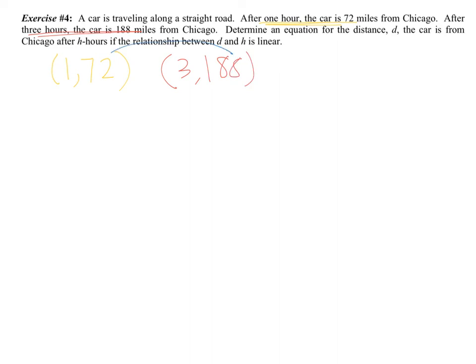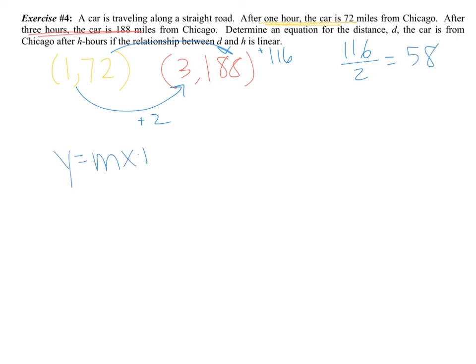So from y to y, we need to figure out from 72 to 188, and that is positive 116. Then from 1 to 3 is positive 2. So 116 over 2 is 58.